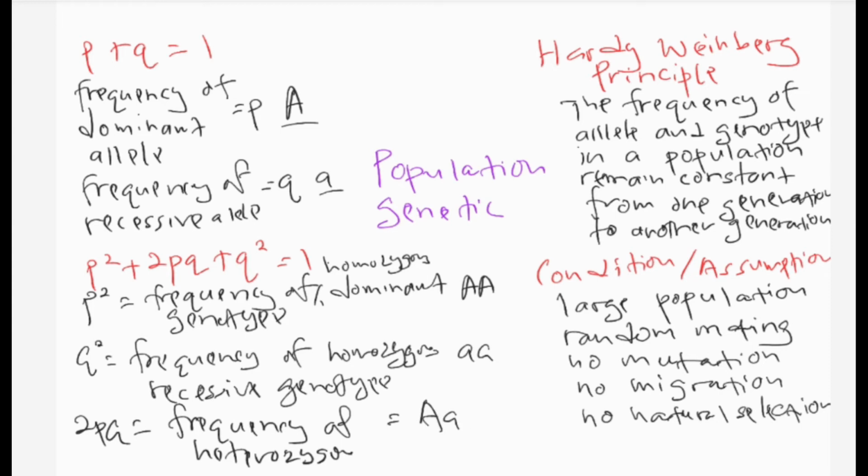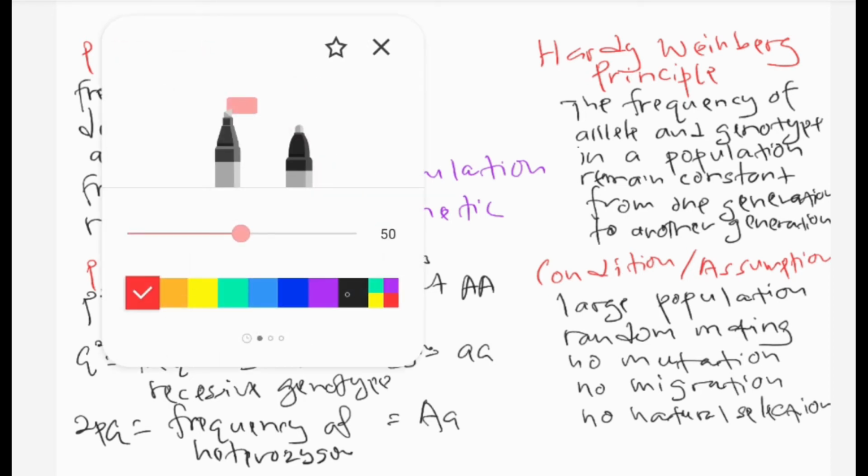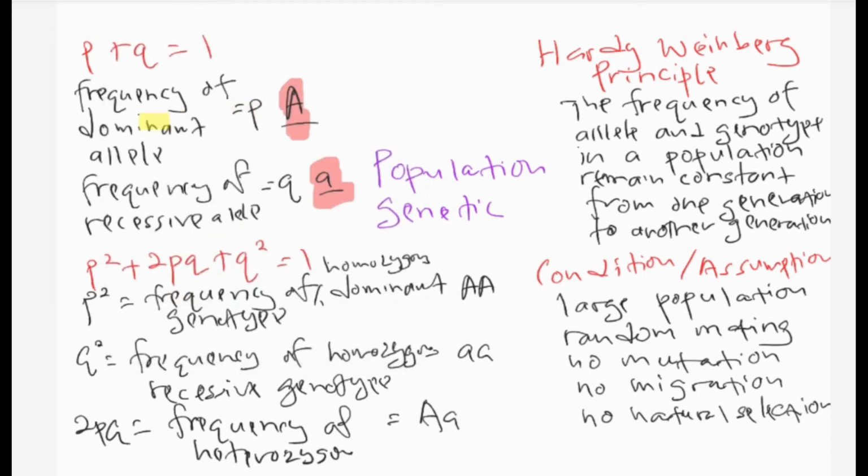I repeat again the equations for Hardy-Weinberg's. The first one is p + q, which refers to the frequency of allele: frequency of dominant allele represents p, and frequency of recessive allele represents q. The second equation is p² + 2pq + q² = 1. P² is the frequency of homozygous dominant genotype.